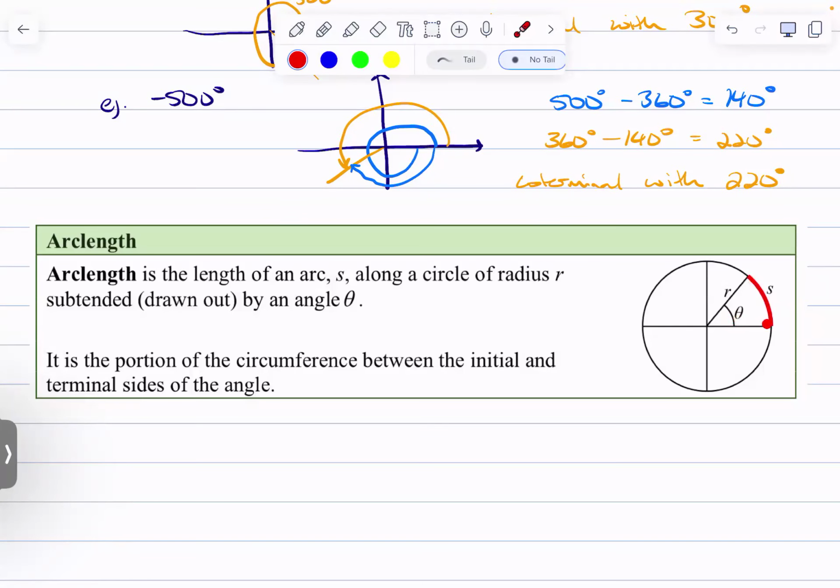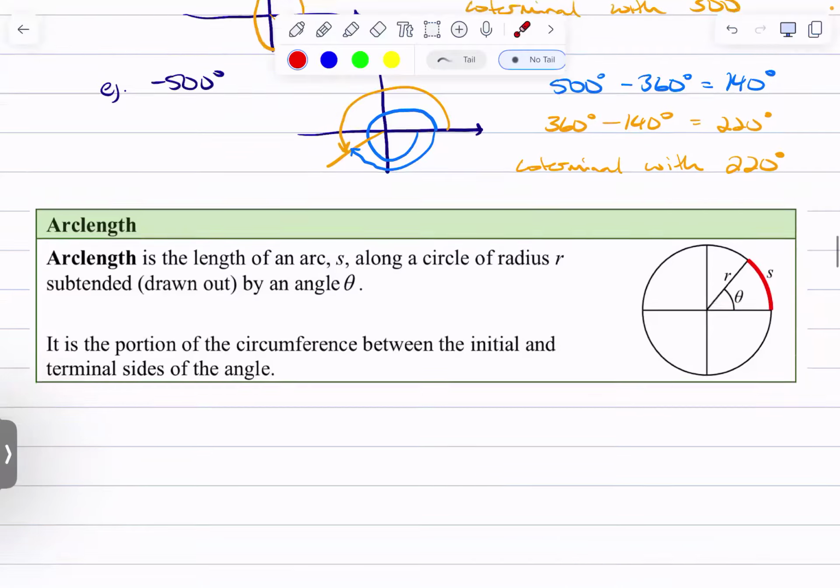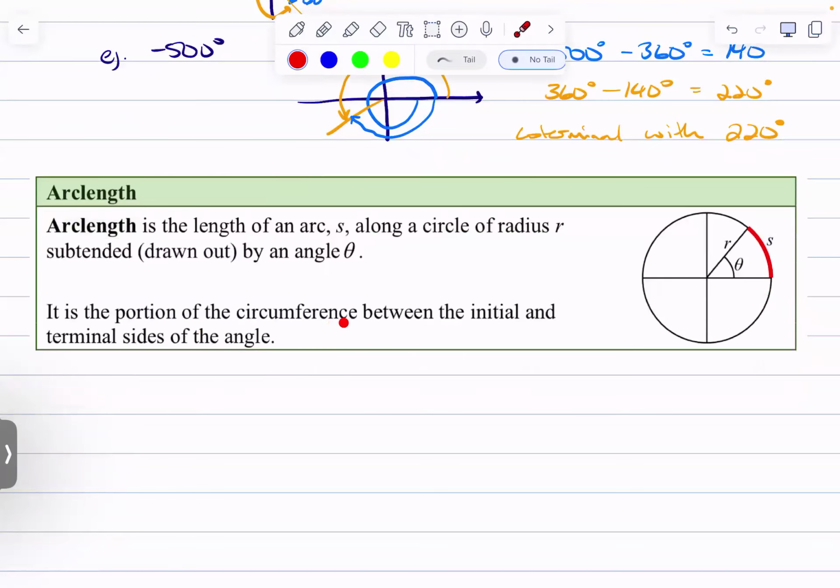Then the arc length would be this length here on the outside of the circle, which means it's the portion of the circumference between the initial and the terminal sides of the angle, right? I'll put those on here. Initial and the terminal side.